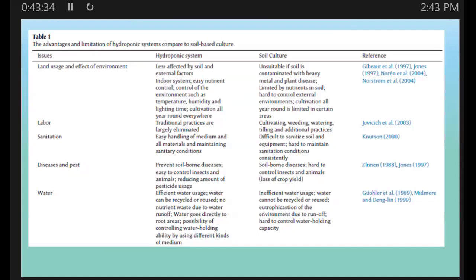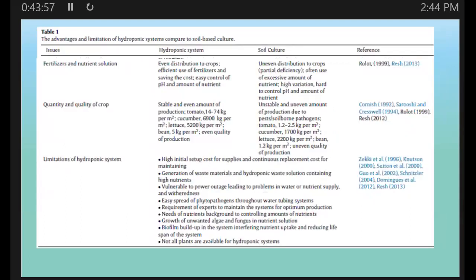They make good points in here of the more conventional soil-based crop growing system versus the hydroponic one. It goes into this page as well.